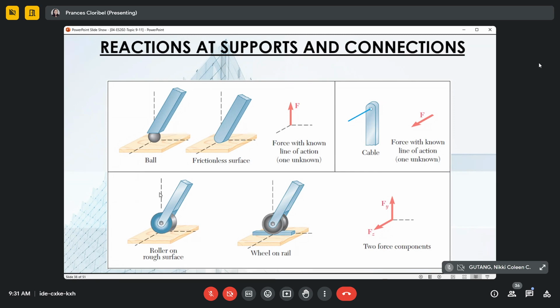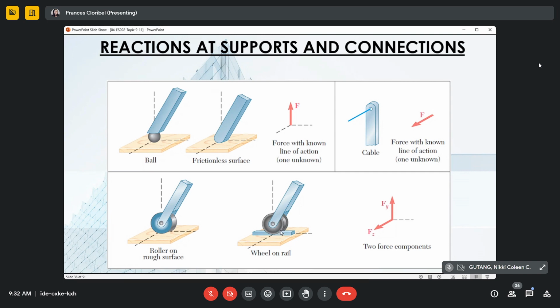The same with your y component: tungod kay gipatong na siya, it is restricted to move along the y-axis. Also, tungod kay wheel man siya, pwede ra sad siya matuyok-tuyok at any axis. So the reaction force for this type of support is only along the z and y axes.